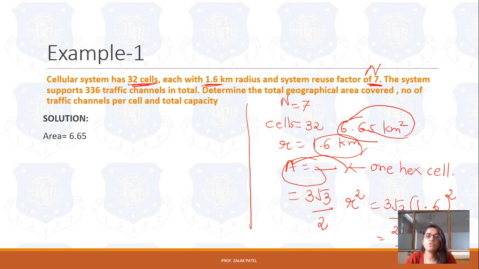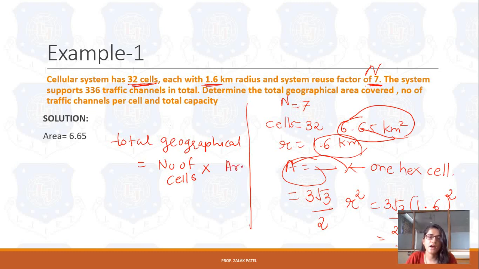Now if you want to find the total geographical area, it is given by the number of cells in the system into the area of one cell. We found the area of one cell, 6.65, calculated by 3 root 3 by 2 into r square.